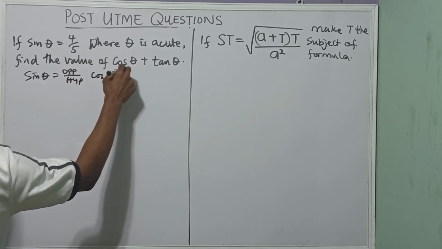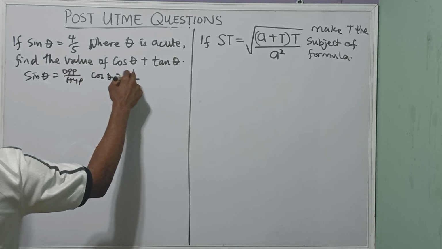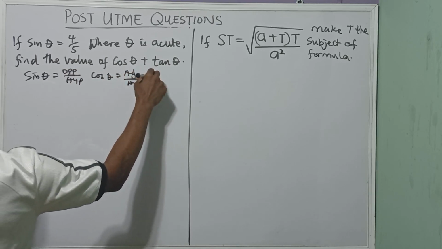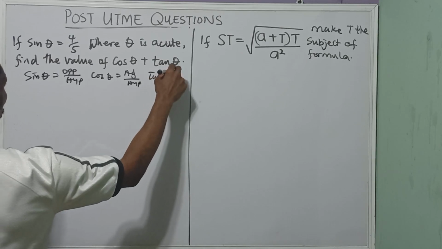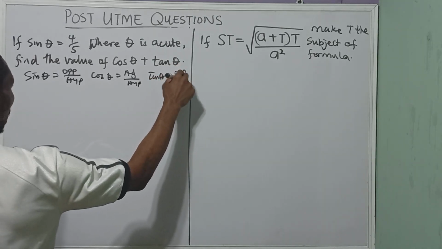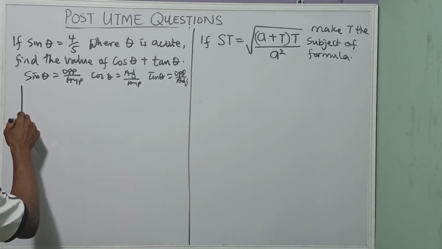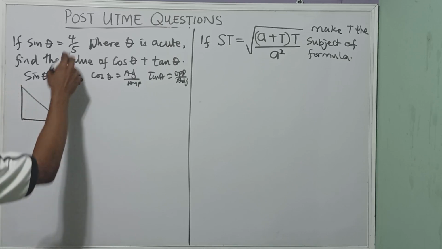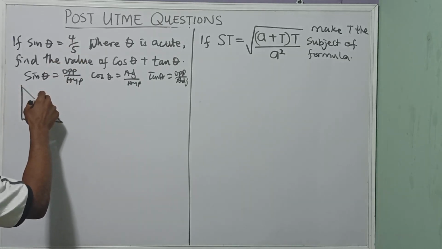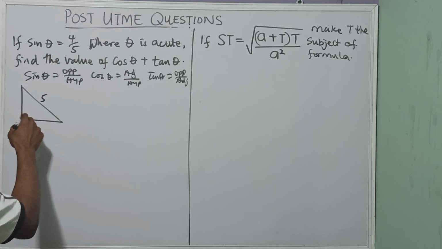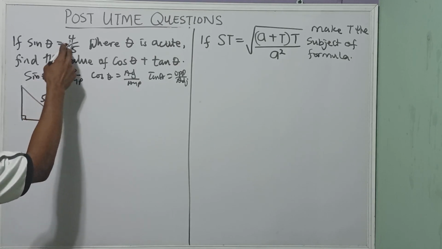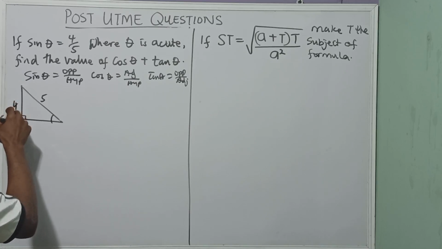Cos theta equals adjacent over hypotenuse, and tan theta equals opposite over adjacent. So in this case, let's look at it in a right angle triangle. Theta here, 5 will be hypotenuse, and 4 will be our opposite.